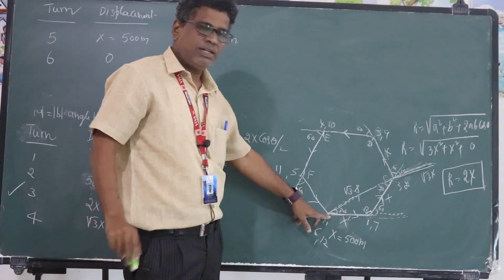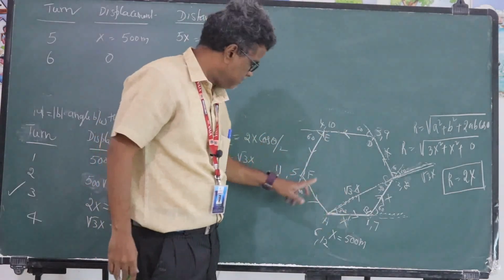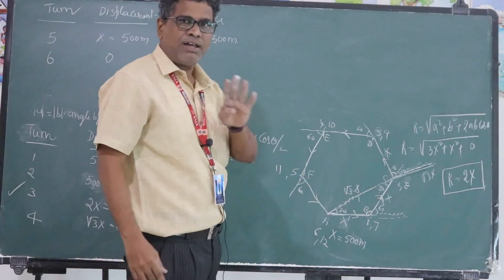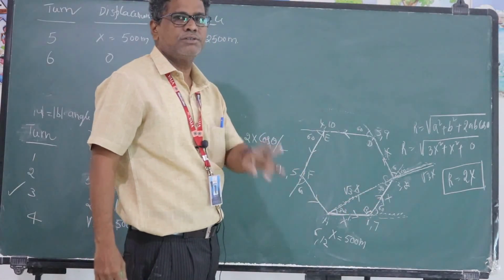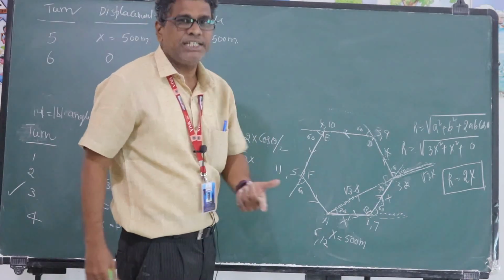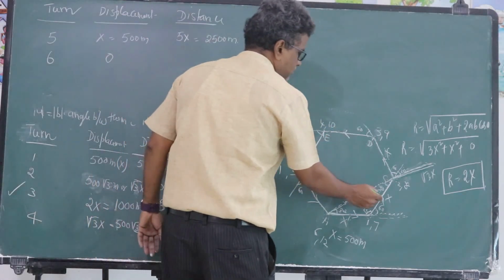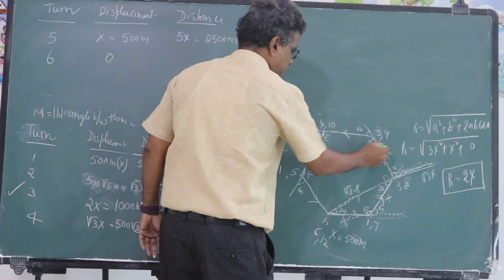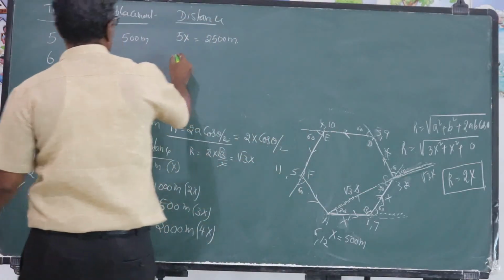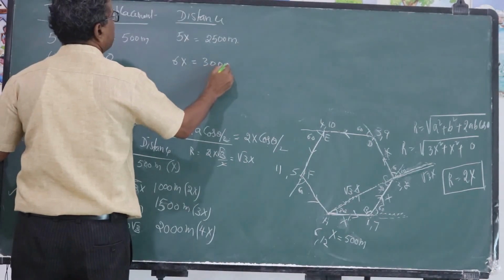We can also say this in other words: this one and this one get cancelled. When two vectors are equal in magnitude and opposite in direction, they cancel with each other. One pair, two pair, three pair. So distance is 6x, that is 3000 meters.